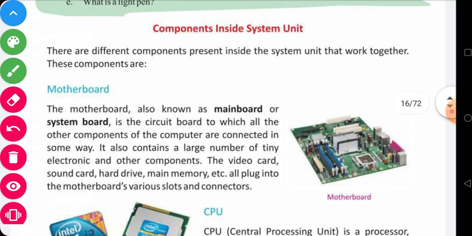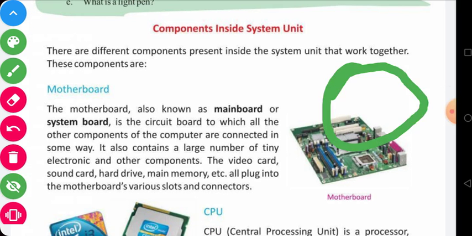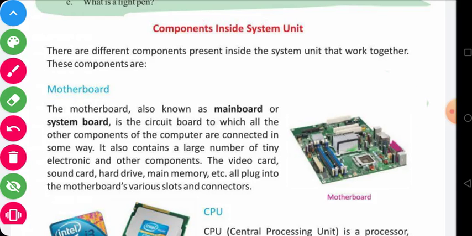As you see the picture of the motherboard on your right side, this is the image of your motherboard. You can clearly look, and on this motherboard you can see a lot of components present. So we are going to learn what a motherboard is.